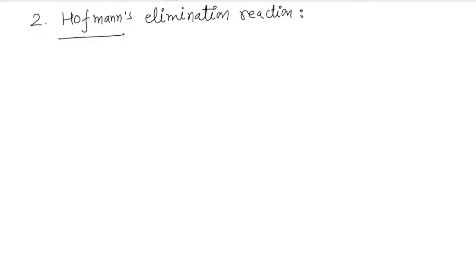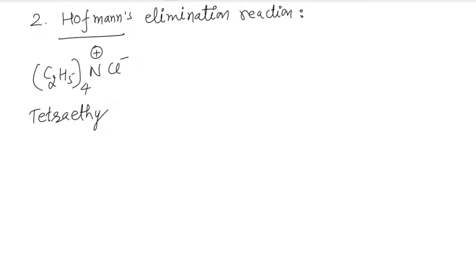So what we do in this case, first of all, we should have quaternary ammonium hydroxide. Like if we have a quaternary ammonium halide, like this, tetraethyl ammonium chloride.